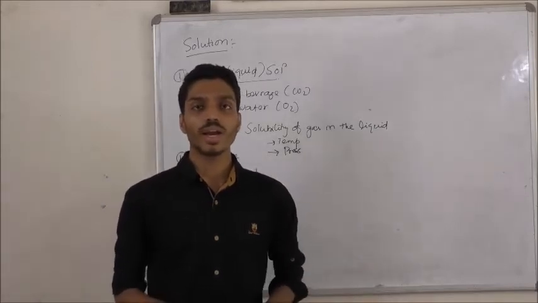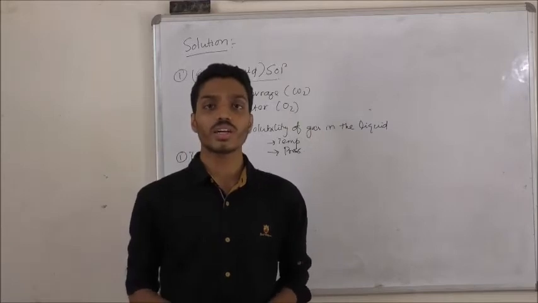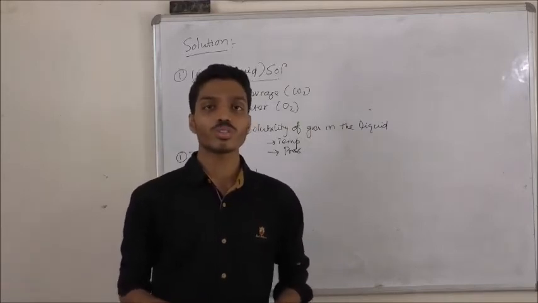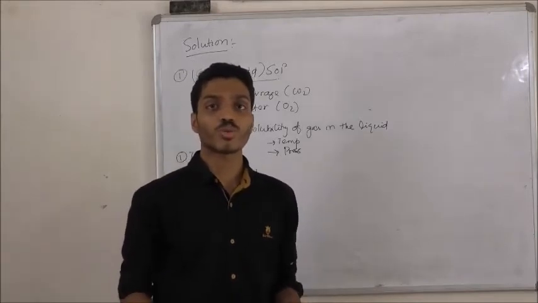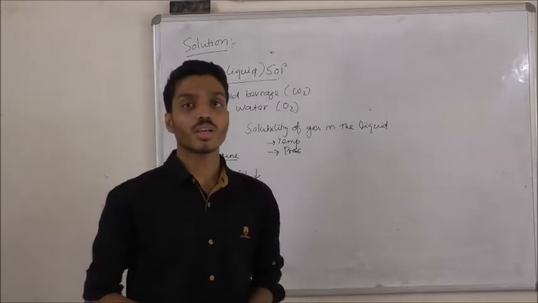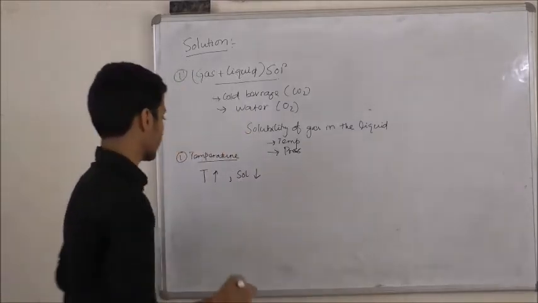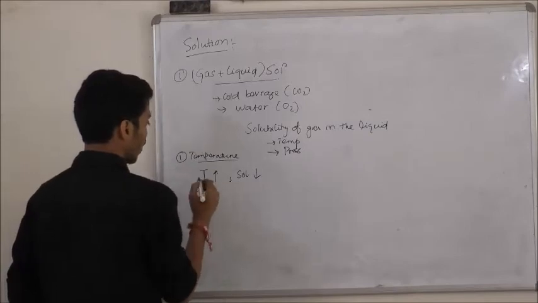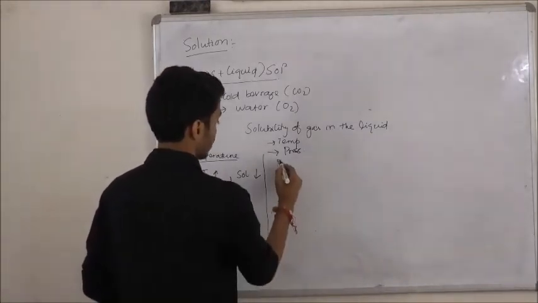The reason is that when we increase the temperature, the oxygen molecules dissolved in water come out as air bubbles. That means when temperature increases, the solubility of oxygen decreases.